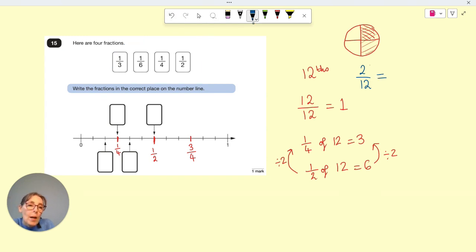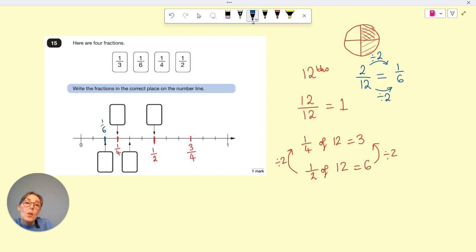So 2/12, if I was going to find an equivalent fraction, I would look at both numbers and I'd see that they're both even, which means I can halve them. And that equals 1/6. Okay, so that 2/12 is going to be 1/6 there.